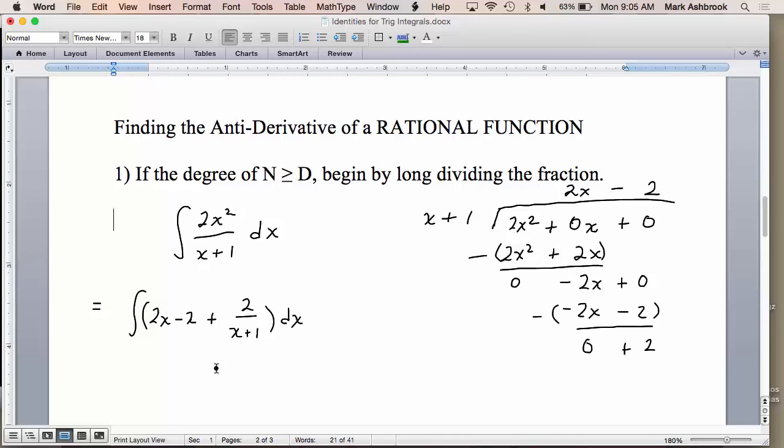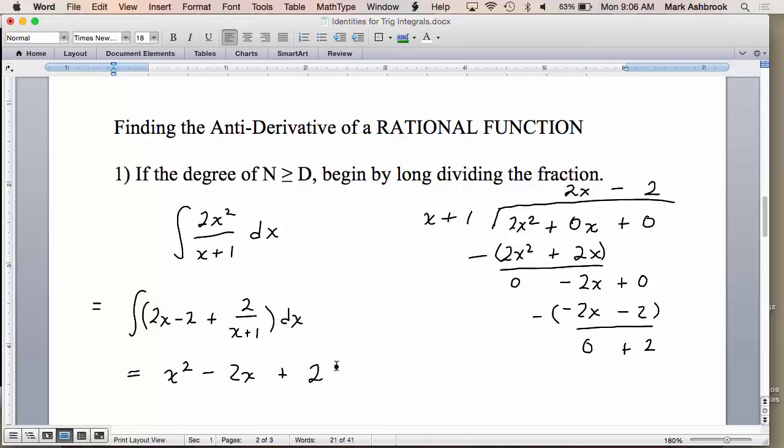So when you do the long division, you get this, which is very, very easy at this point for us, right? Easy antiderivative: x squared, minus 2x, plus the antiderivative of 2 over x plus 1. We're going to use what? Please know this.